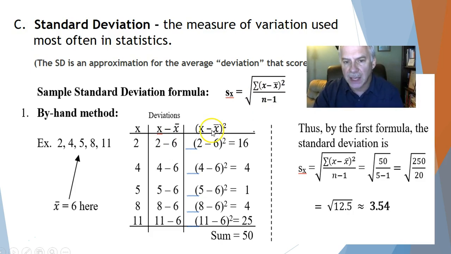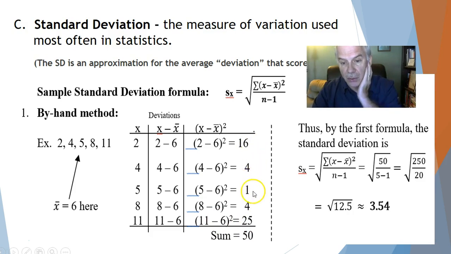And then in the next column, we're going to square that. So the score minus the mean, squared. So 2 minus 6 is negative 4. Negative 4 squared is 16. 4 minus 6 is negative 2, but you square it, it's positive 4. 5 minus 6 is negative 1, squared is positive 1. 8 minus 6 is 2, squared is 4. 11 minus 6 squared is 25.